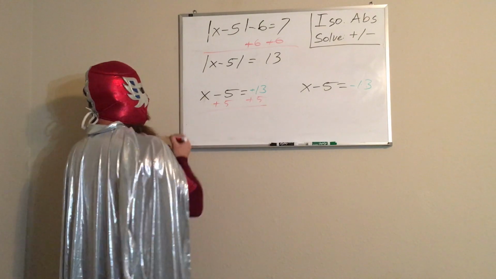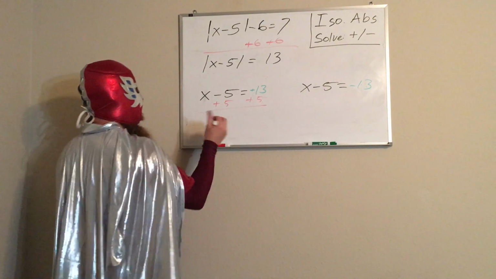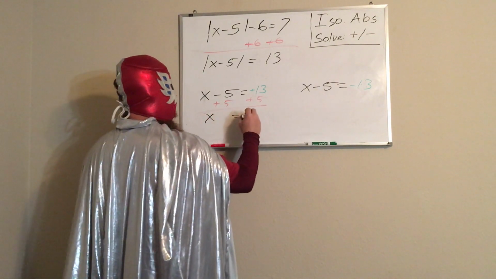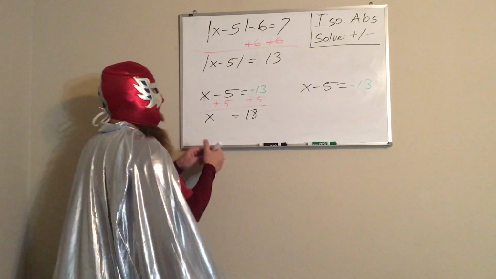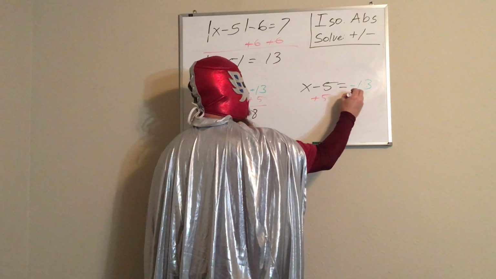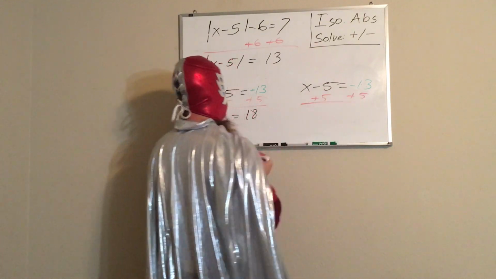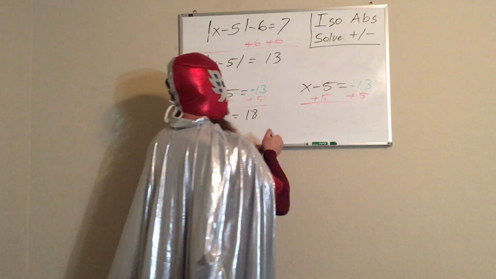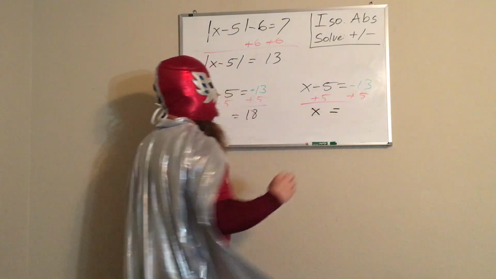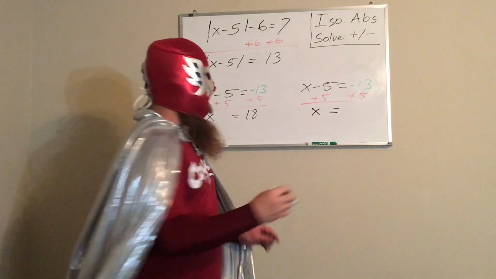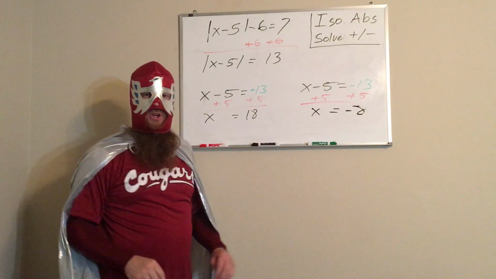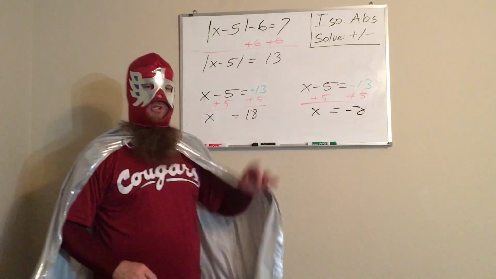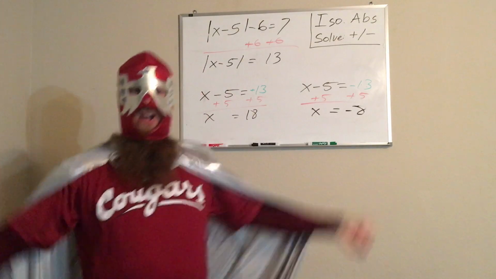We add 5 to both sides, giving us x equals 18. And now for our second answer, we add 5 to both sides. And negative 13 plus 5 gives us negative 8. And there are your two answers. Too many for Mr. Sargent, but just the right amount for Lucha Cougar.